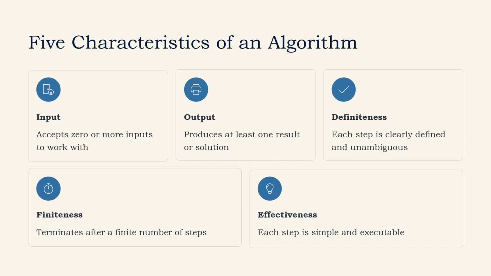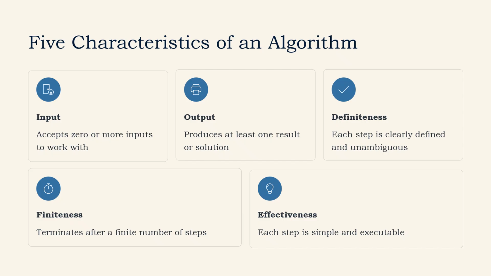You have to take two numbers, let us take A and B. Output. An algorithm must produce at least one output. Output is the result produced after executing the steps. If we take two input numbers like 5 and 7, the output will be 12.